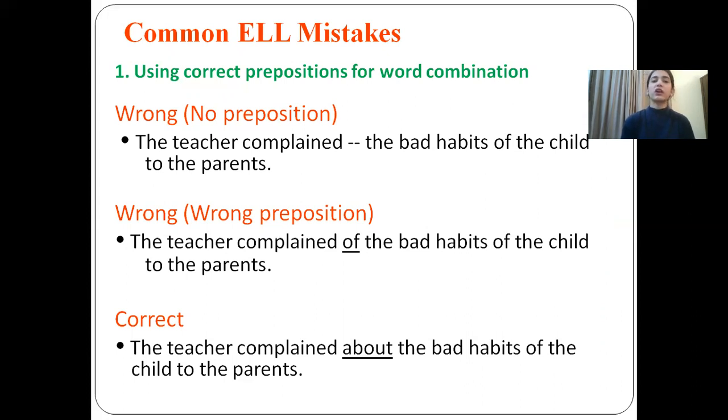So this is one area of mistakes that English language learners make, that sometimes they do not use any preposition, which is wrong. Sometimes they use wrong prepositions, which is also wrong. So they need to make sure that the prepositions which they are using in their conversations and sentences need to be correct.